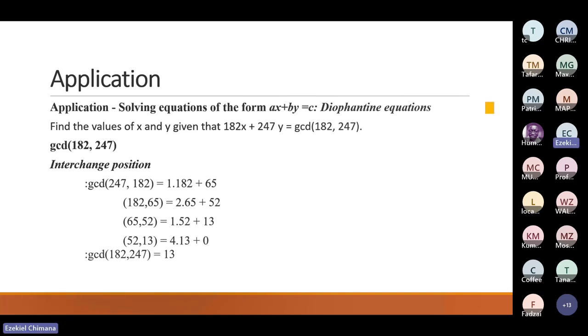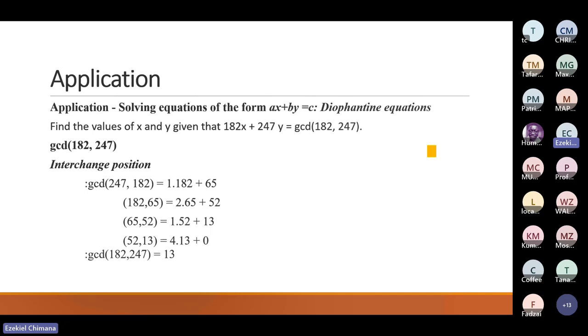First, you have to find the greatest common divisor. After finding the greatest common divisor, then you have to do reverse or backtracking. That's how you get to the answer.